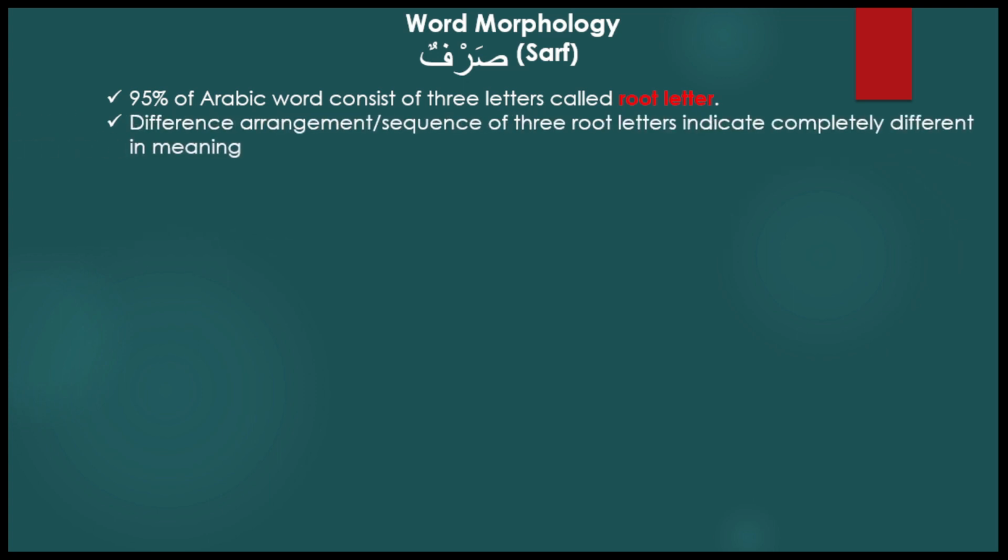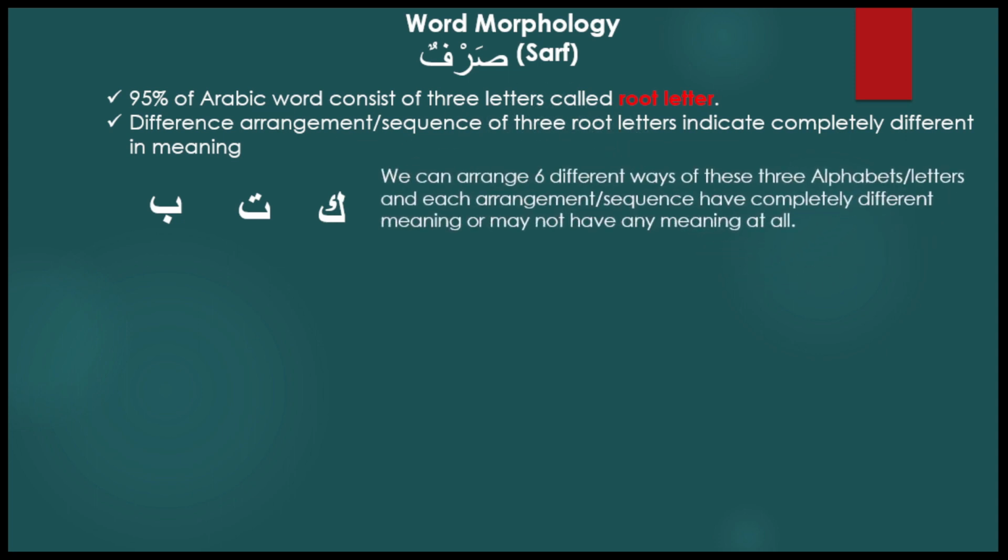Any 3 root letters or base letters can be arranged in different ways. In that case, the meaning will also be different. For example, these 3 root letters: Kaf, Ta and Ba. These 3 letters can be arranged in 6 different ways. How?